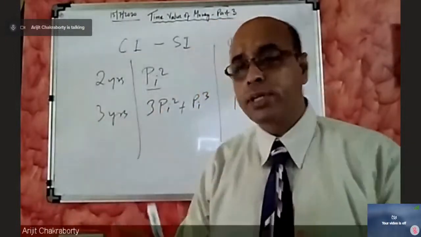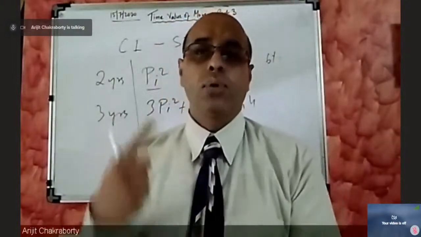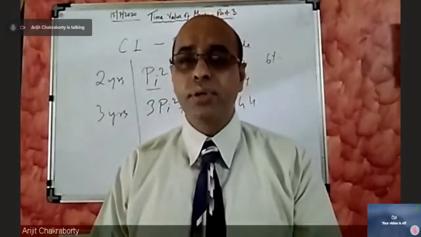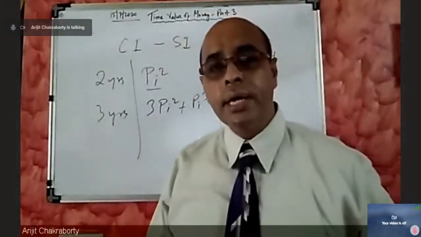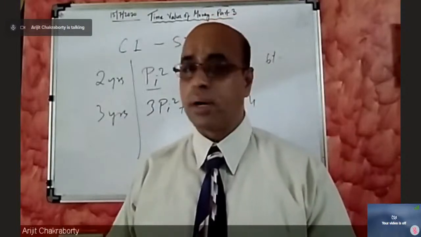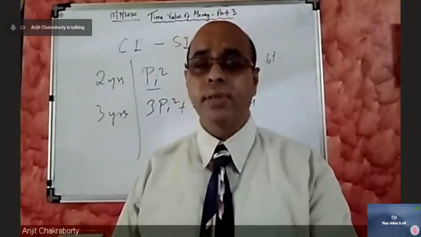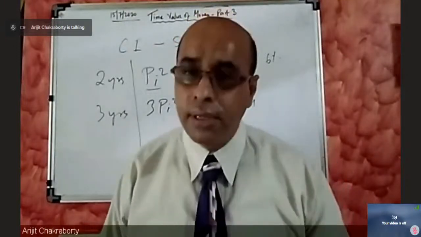It's an approximate rule. It does not give you the exact answer, but for quick calculations, it does give you a thumb rule. So if my interest rate is 6%, compounded annually, and I have a sum of money, say 10,000 rupees, 1 lakh rupees, whatever, in how many years can I double the investment?